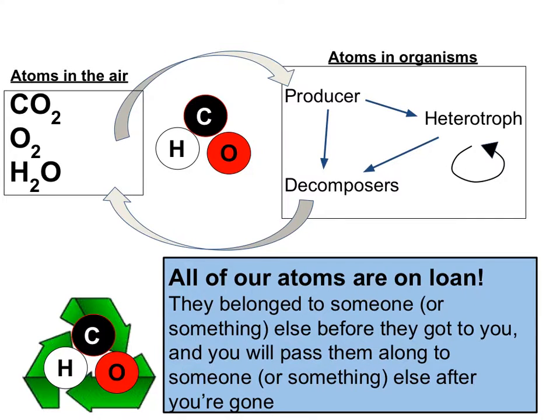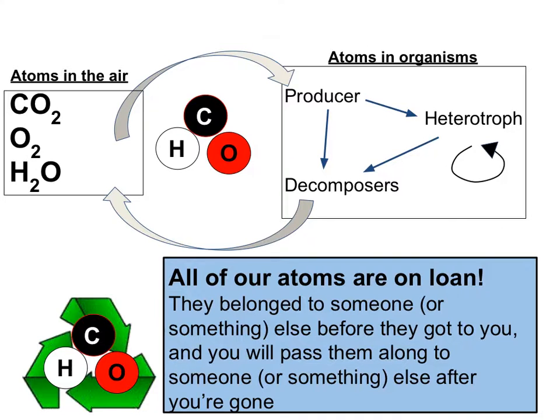Statistically speaking, at least one atom in your body belonged to Gandhi, and one of the atoms in your body belonged to Sir Isaac Newton. It's just probability that these atoms move so frequently through an environment that our atoms are constantly changing form and being exchanged amongst all of us.